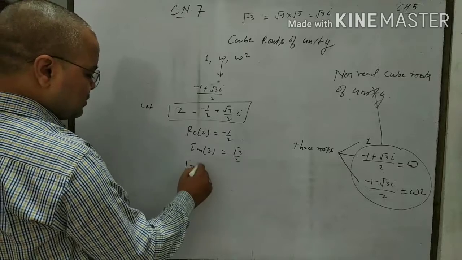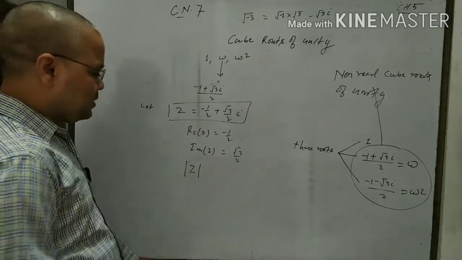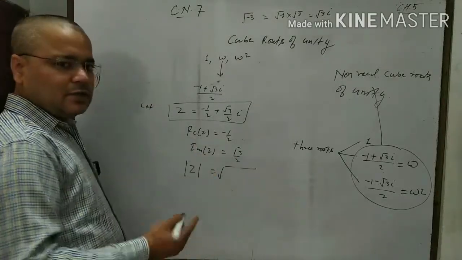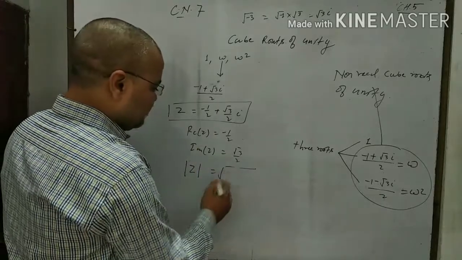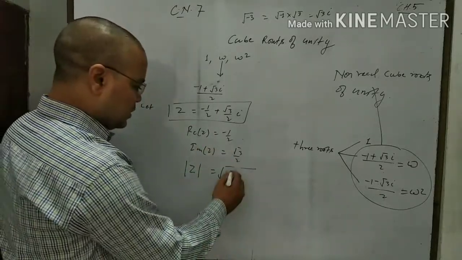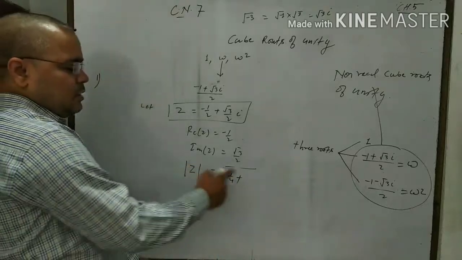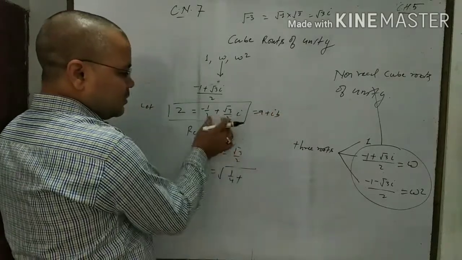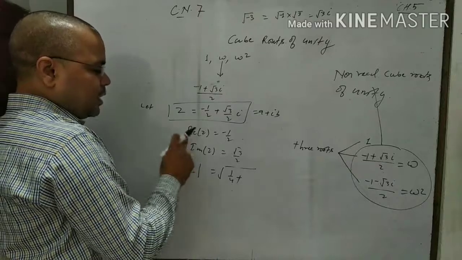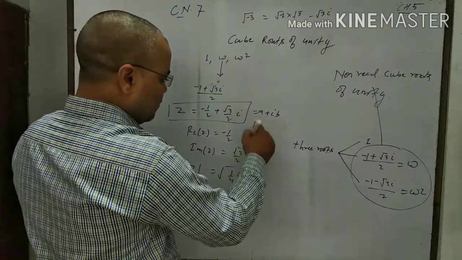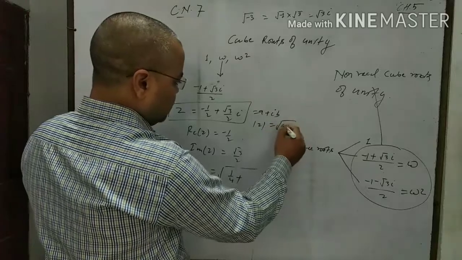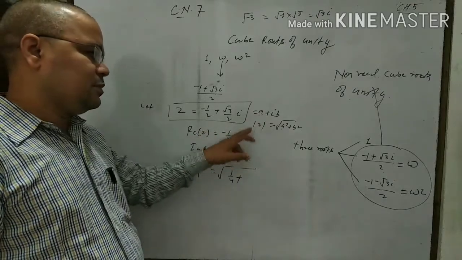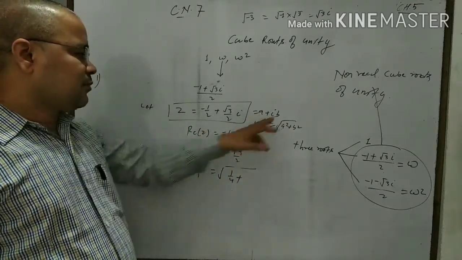Therefore, let's find the modulus of this. It is the square root of the square of the real part plus the square of the imaginary part, that is, under root a square plus b square, where the number is in the form a plus ib. Here a is the real part of the complex number, and b is the imaginary part.